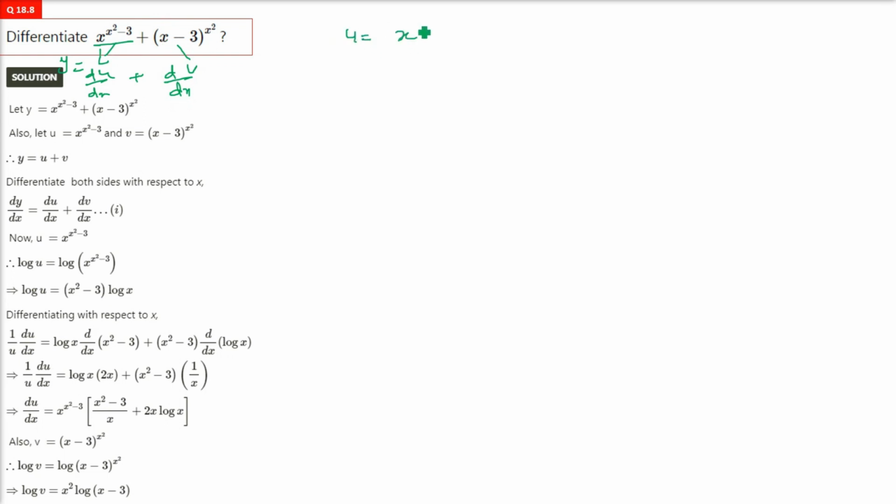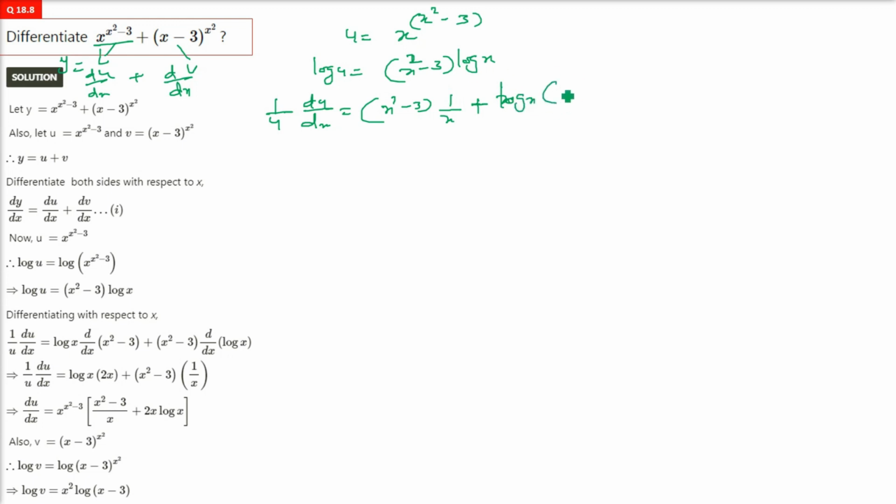u is x to the power x square minus 3, and log u is equal to x square minus 3 times log x. 1 by u du by dx is equal to, now differentiation using the product rule, x square minus 3 times 1 by x, then plus log x outside, and then the differentiation of x square minus 3 will be only 2x.